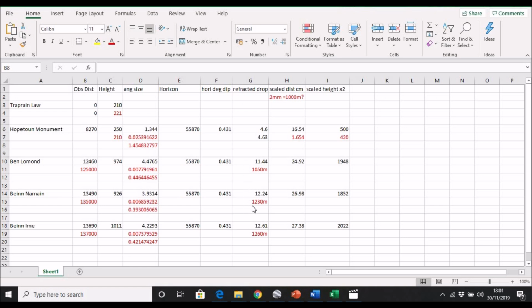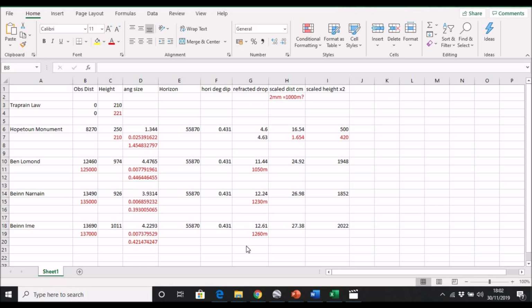The drop to Ben Narnain is over 1.2 kilometres. You have 12 meters. And to Benim is 1.26 kilometres, and he has 12.6 meters.